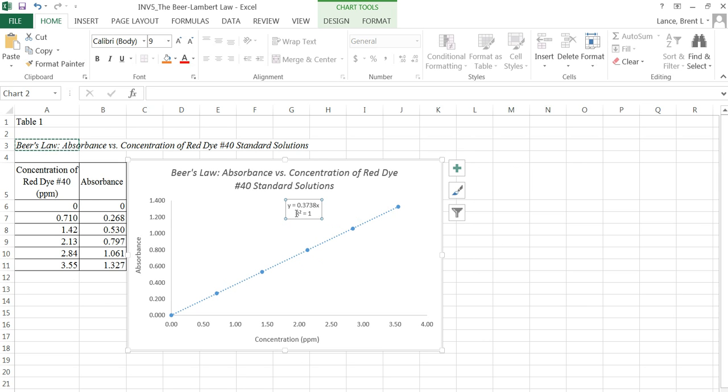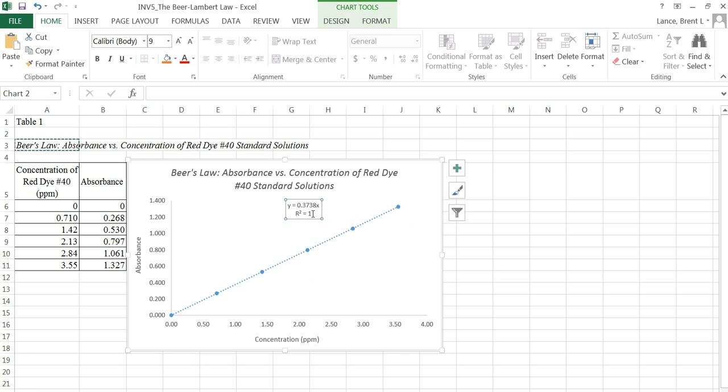So here I have y equals 0.3738x, and that's R squared value. That is pretty much then it's telling me that's a perfectly correlated set of data points that all fall on the line, which is pretty remarkable for me there, for that set of data.